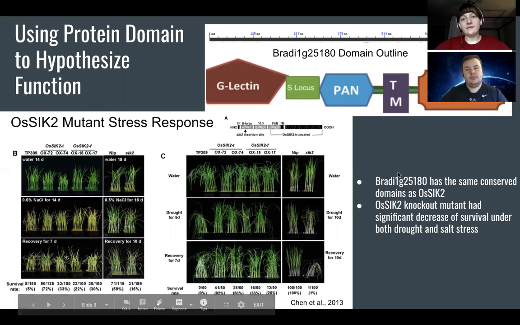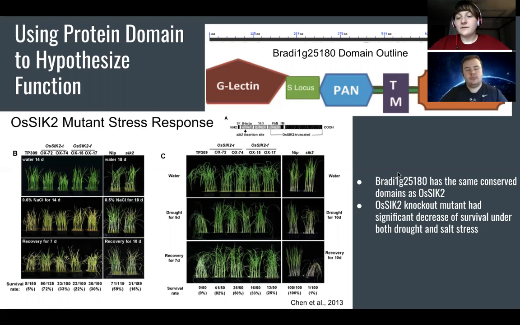We can conclude that our gene must also be involved in stress response because they share the same conserved domains and must have the same kind of function, hopefully.